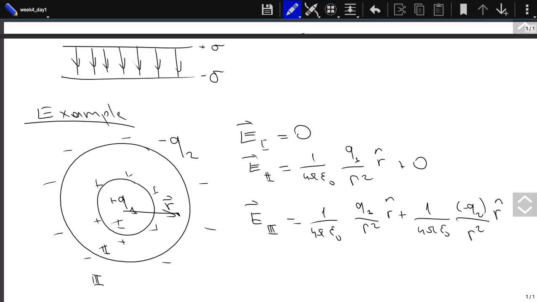Similarly, if you are somewhere in this region, outside both of the shells, then this should be the expression that you use. Again, this R vector depends on at which point you are evaluating the electric field. So let me write it explicitly: R at the point R. If you look at this point, then this should be the expression that you use, and the R vector is this vector.